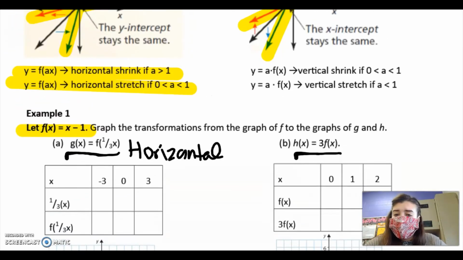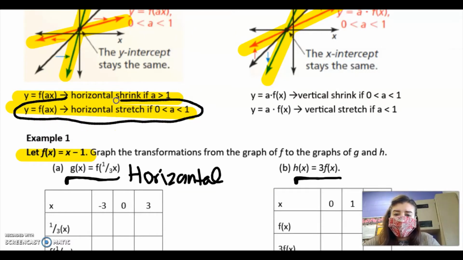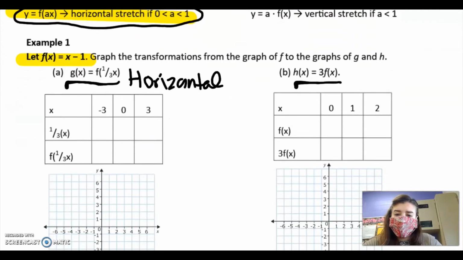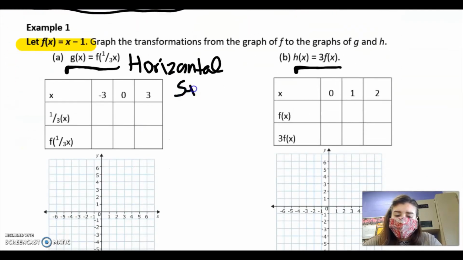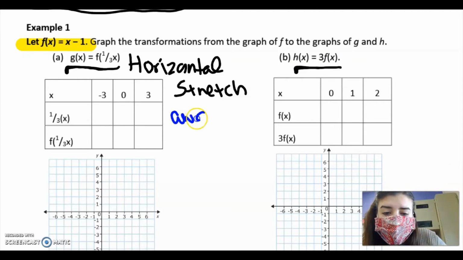So a fraction multiplying x right here is a stretch. Because it horizontally stretches out, it's going to get farther and farther away from that y-axis. So I'm going to write a note: away from y-axis.